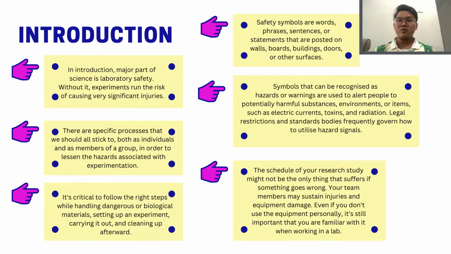It's critical to follow the right steps while handling dangerous or biological material, setting up an experiment, carrying it out, and cleaning up afterward. So, safety symbols are words, phrases, sentences, or statements that are posted on walls, boards, buildings, doors, or other surfaces.